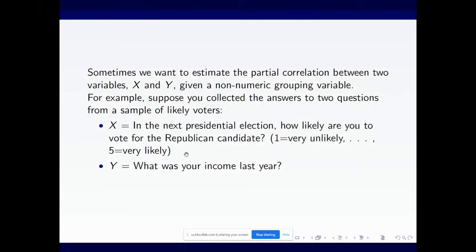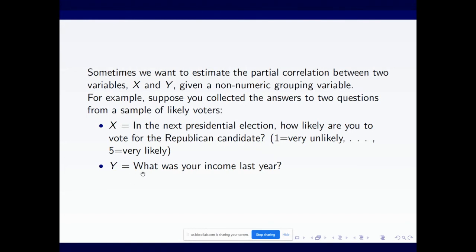This is the so-called Likert scale. In the social sciences, sometimes people treat this as a continuous variable, and they use this Likert scale to compute the correlation between variables.